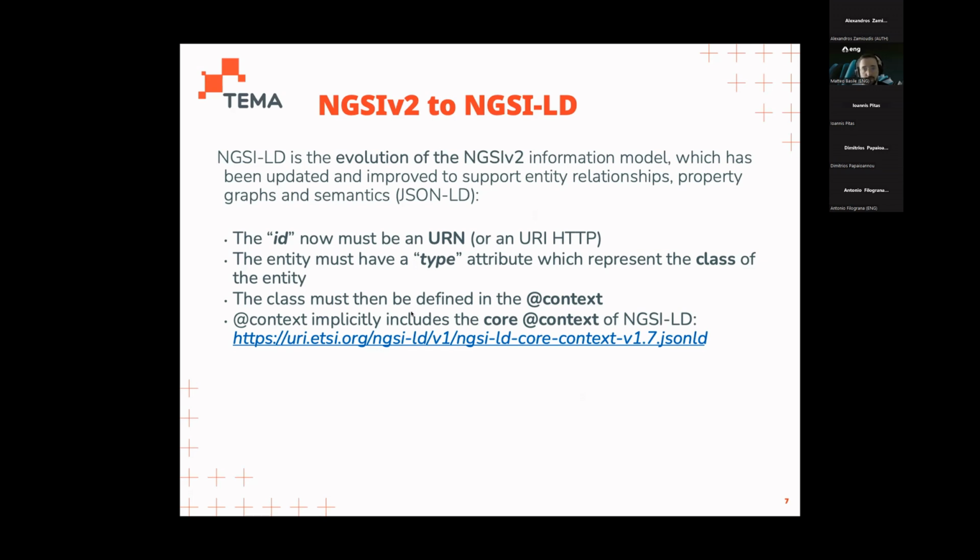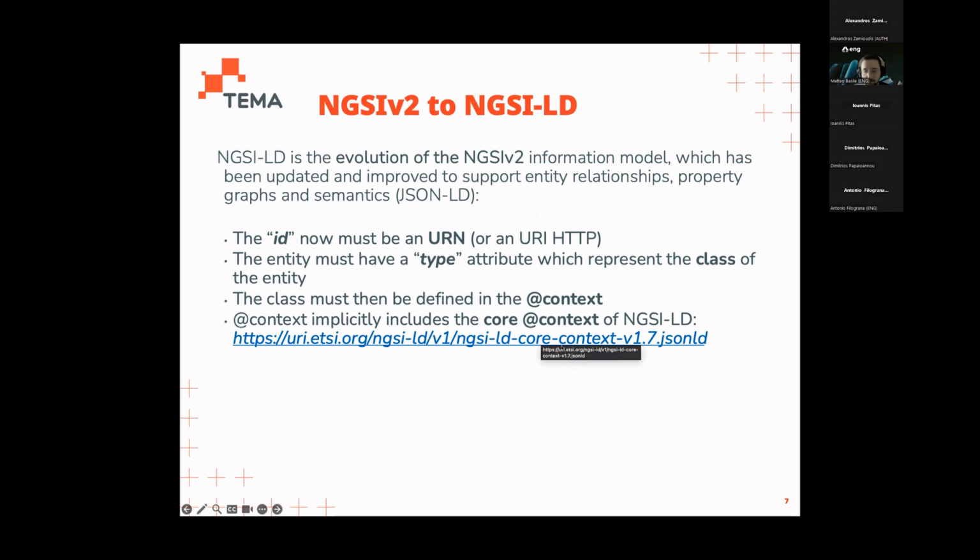Then we need to have the context. As I said before, NGSI-LD is based on JSON-LD. And for that, in JSON-LD, we must have the context in the data. If we don't send the context to the context broker, for example, to the API of the context broker, then automatically the context broker takes this default context.